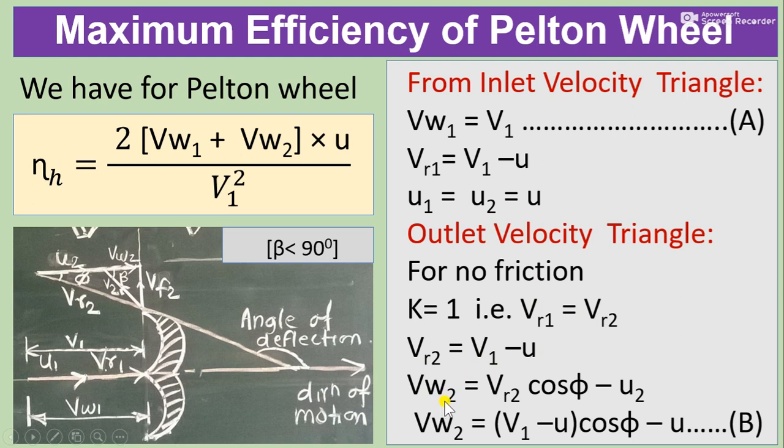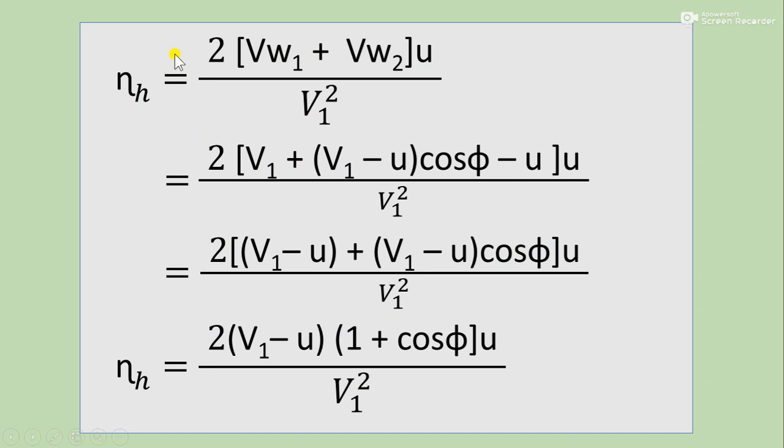So the formula of Vw2 from the outlet velocity triangle is equal to Vr2 cos phi minus U2. Putting Vr2, that is V1 minus U, and U2, that is U, Vw2 is equal to (V1 minus U) cos phi minus U. So we put these two in the hydraulic efficiency formula: 2 × (V1 + (V1 minus U) cos phi minus U) × U divided by V1 square.